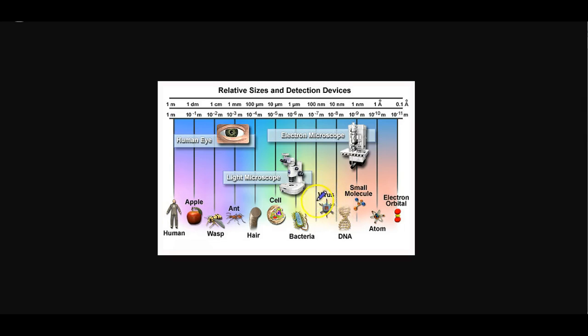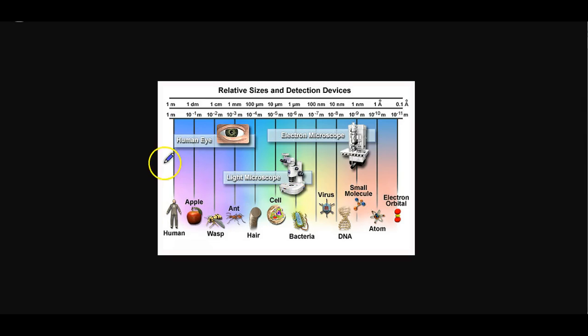So viruses, your DNA, small molecules. So these things can all be looked under a microscope. So if you're feeling unwell, your doctor might take a blood sample or a urine sample and actually be able to see whether you have some sort of virus. So that sort of testing is done with an electron microscope.